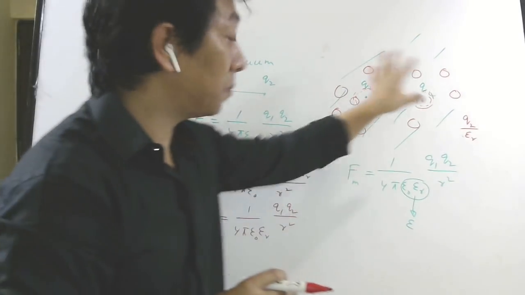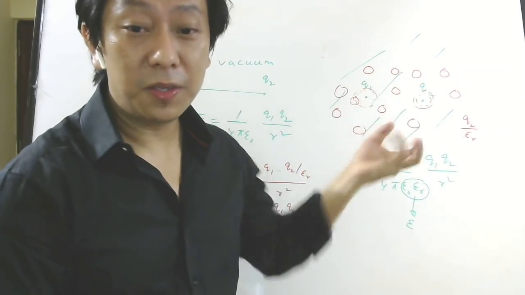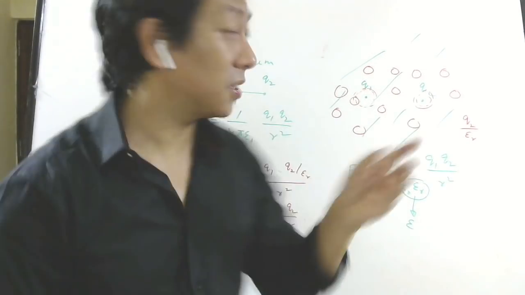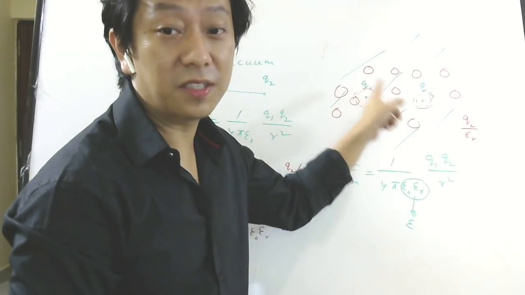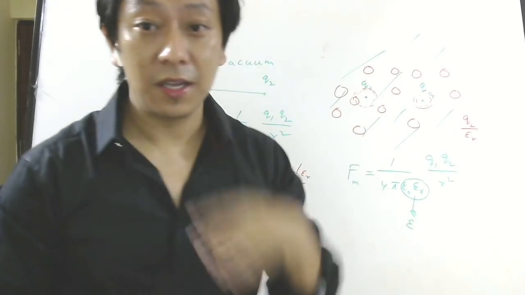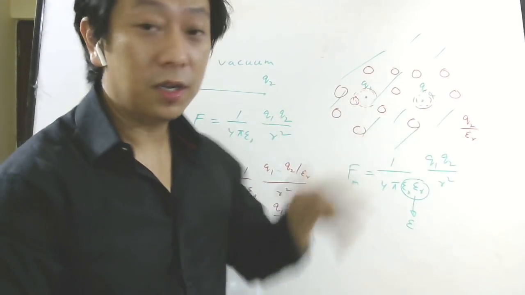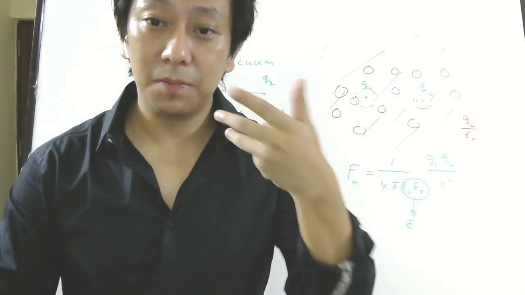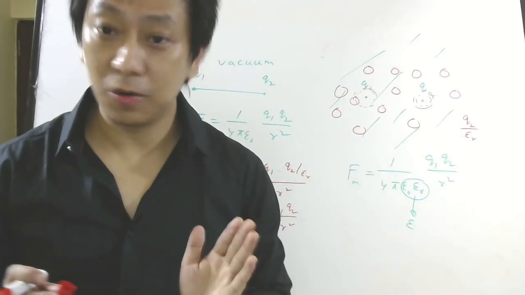But because of the presence of the medium, there will be some distortion, some disturbances created in the distribution of the charge surrounding this charge and this charge. And that creates the whole trouble of calculating the force. But the good thing is the people who have done research have already done all these things.